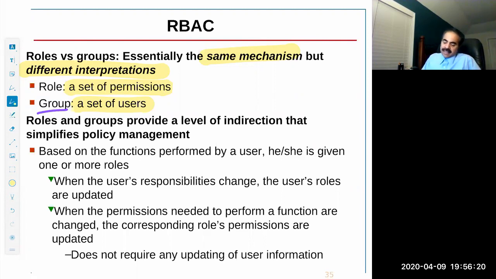So the idea is that a particular user may perform certain functions, and then that person is given permissions based on those functions. The person may have more than one function or responsibility, and then they may be given multiple roles, each corresponding to one of the functions they are supposed to do.